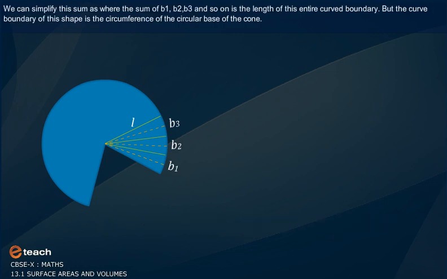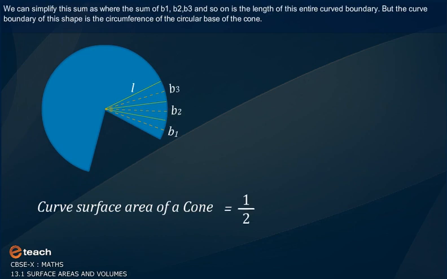We can simplify this sum, where the sum of B1, B2, B3 and so on is the length of this entire curved boundary, but the curved boundary of this shape is the circumference of the circular base of the cone.